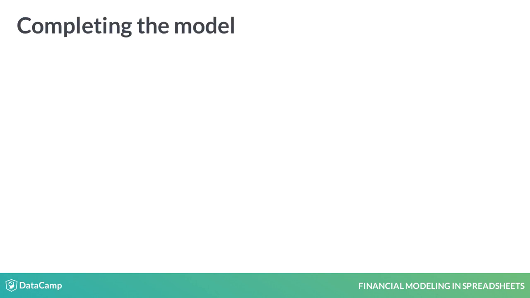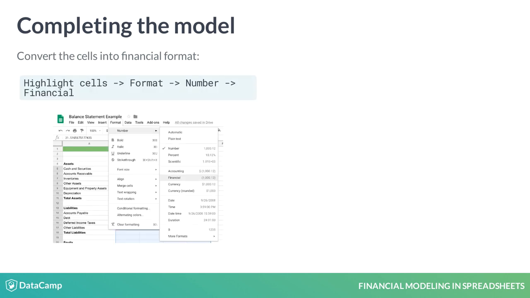To finalize our balance statement, you will complete the same steps as the income statement. First, format the cells into financial format by highlighting the cells, clicking Format, Number, and then Financial.